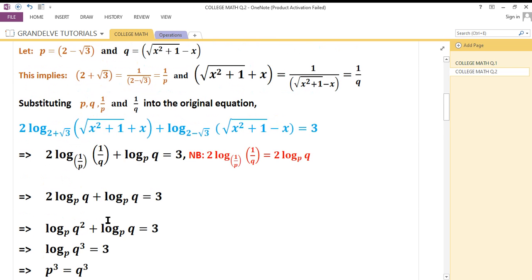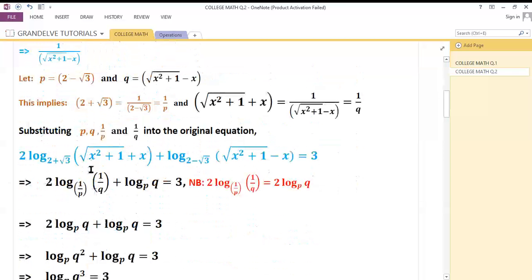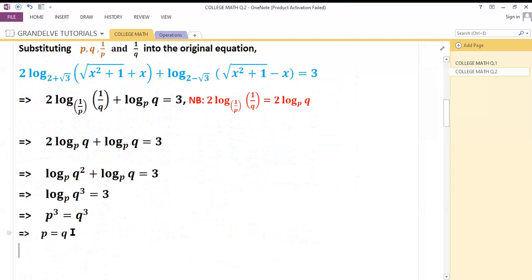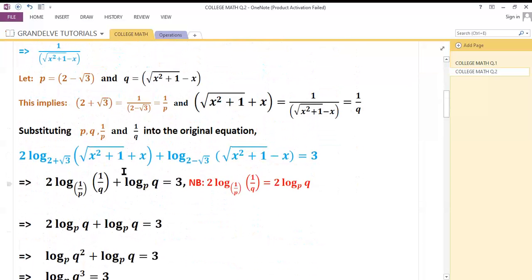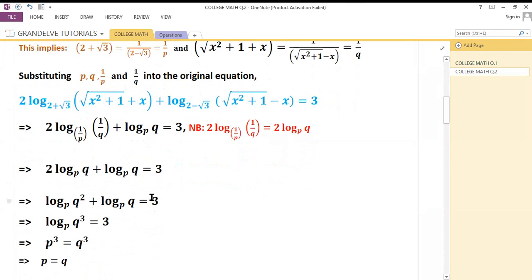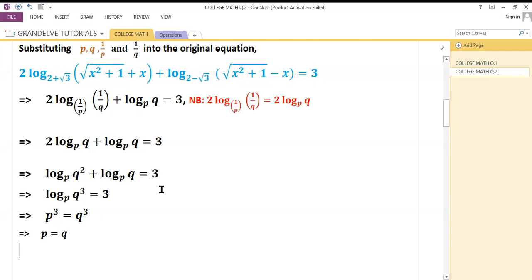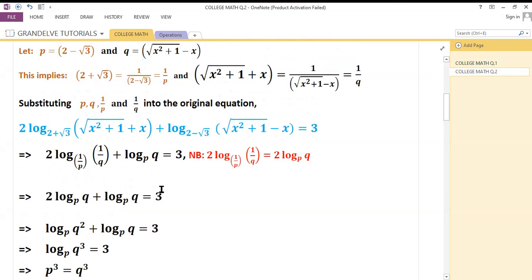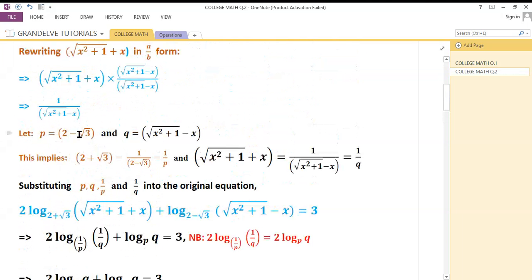But look, the original equation had nothing to do with p and q. We introduced p and q for easy manipulation of the figures and expressions. So let's go back to where we said p is equal to 2 minus square root of 3 and q is equal to square root of x squared plus 1 minus x.